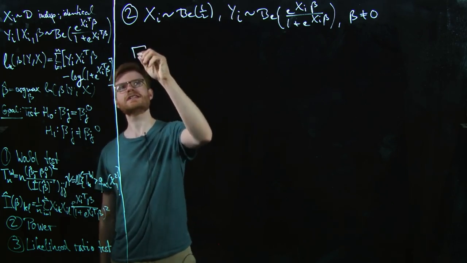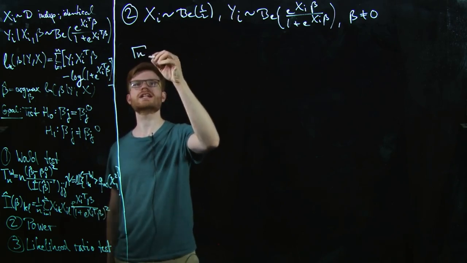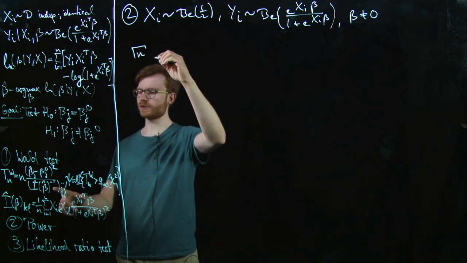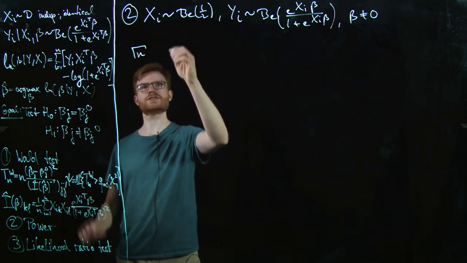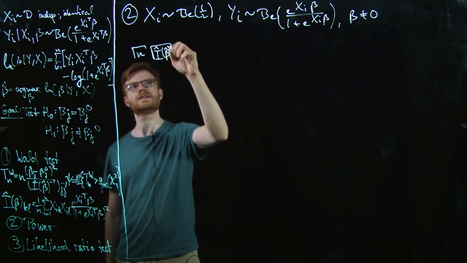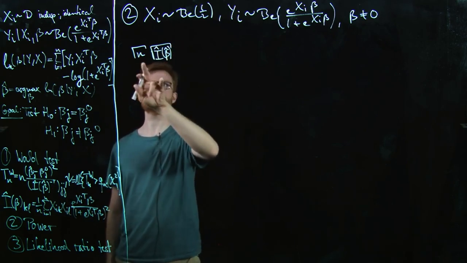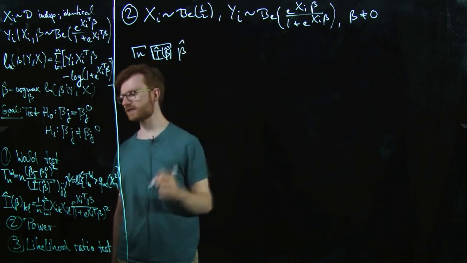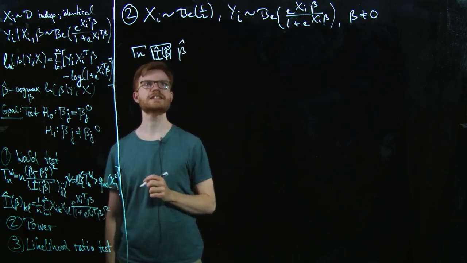Namely, we started our calculation for the Wald test with some asymptotic normality. In particular, this is a scalar, so I can write it as square root n times square root I hat beta hat times beta hat. This is what led us to this test statistic in the end.